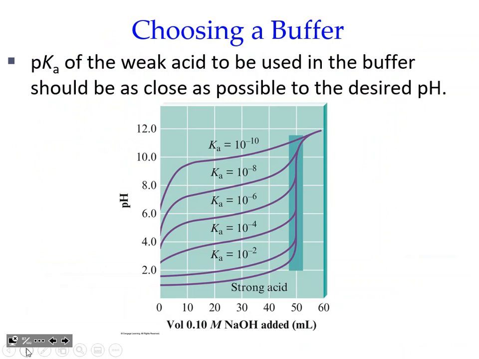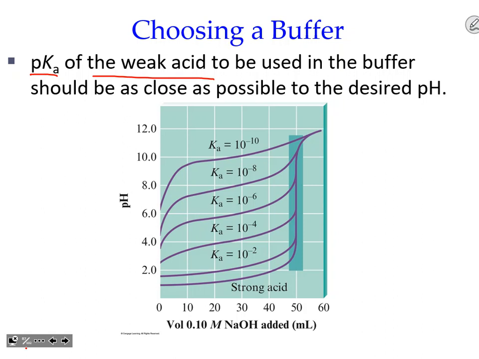Now, buffer solutions are going to work at all different pHs. And you create a buffer based on which pH range you need to maintain. But that is all dependent on the pKa of the weak acid in the pair. The pKa of the weak acid is going to give you an idea of which pH your buffer is going to end up being around.